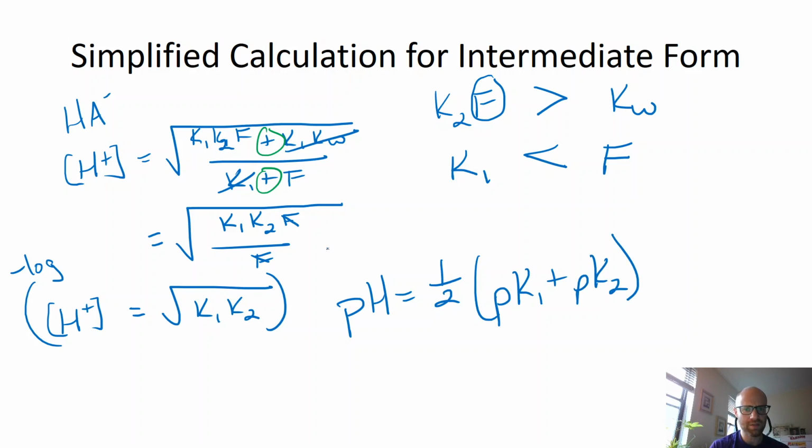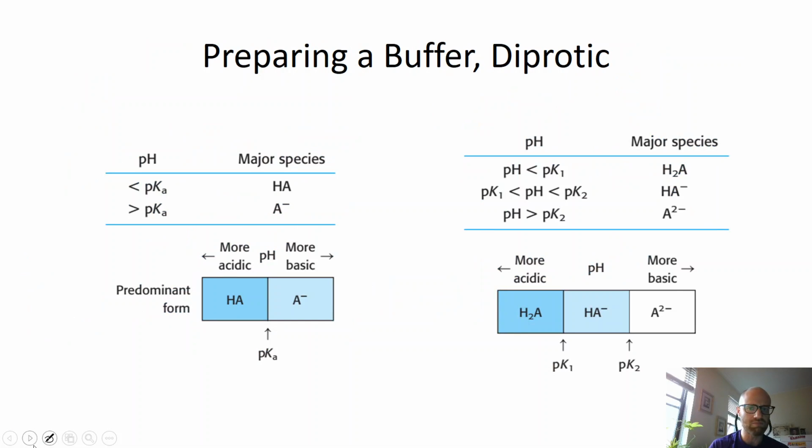And this formula would work, again, in cases where F is large, or I guess in cases where K1 is small or K2 is small. Are those cases all the time? Well, no, but it would definitely be simpler to make that as a first step.